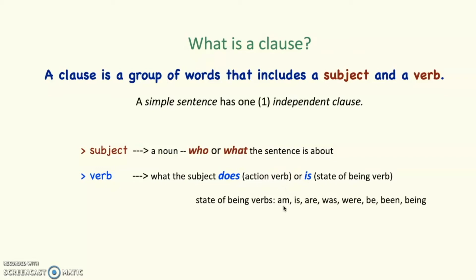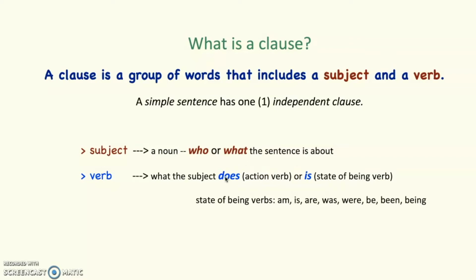You could say I am, and then you say what you are, or he is, or we are. So these verbs here help us express when something is in a state of being. It's just in the state of it. It's not so much doing anything, it's just in a state.